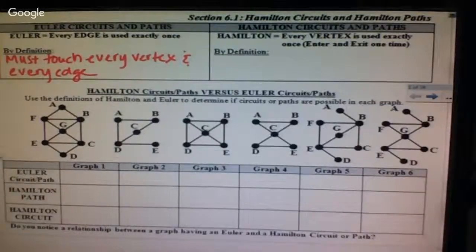Hamilton came through and said, all right, I like that idea. However, I want to go to my vertex once and only once. So Hamilton's kind of made it a little bit easier. Not every edge is used.